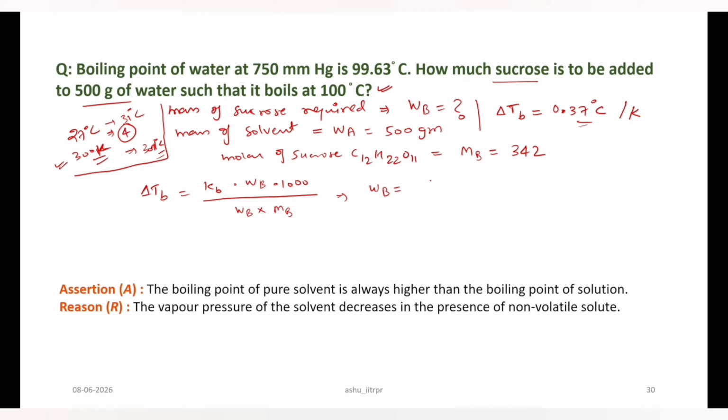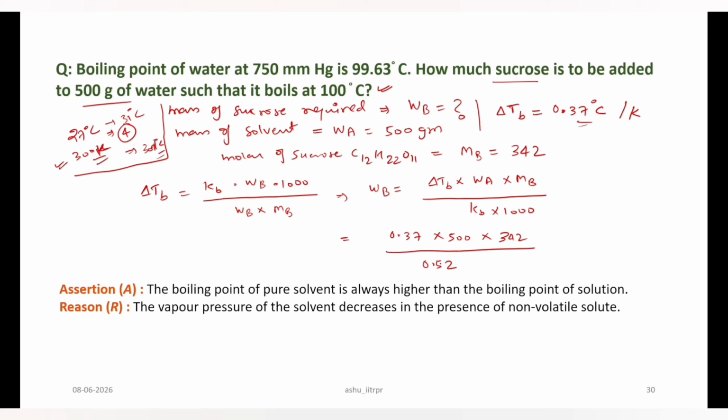So we get WB equals delta TB into WA into MB divided by KB into 1000. Just put these values. Delta TB is 0.37, WA is 500, the mass of solvent, and the molar mass is 342, divided by KB, which is 0.52.